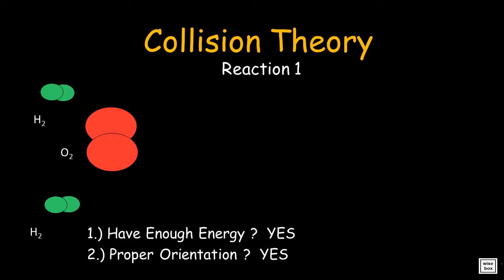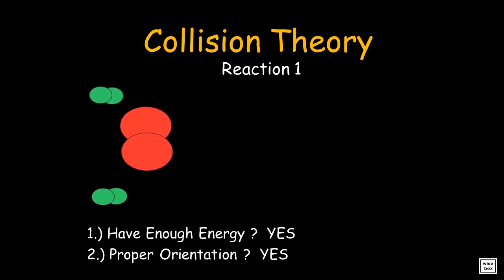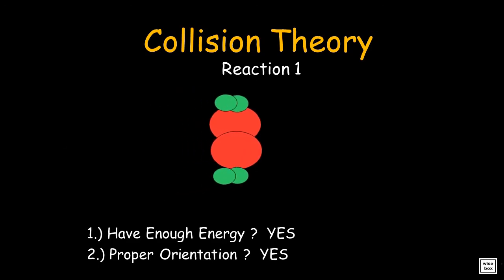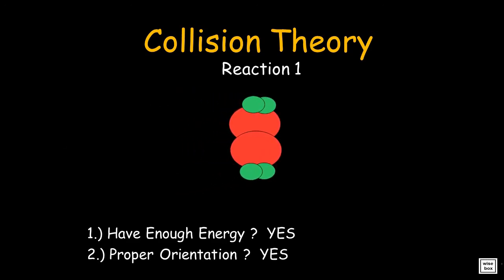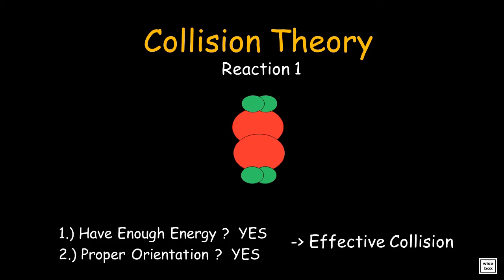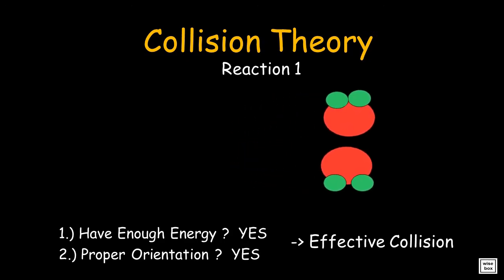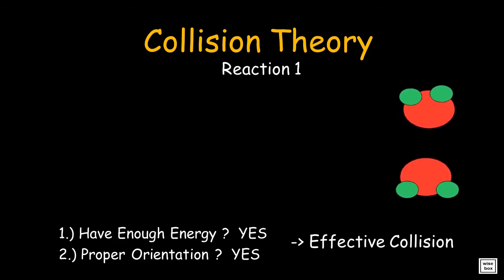Let us say these reactants have enough kinetic energy and are at proper orientation when they collide. What happens is an effective collision of oxygen and hydrogen molecules to produce the water molecules.